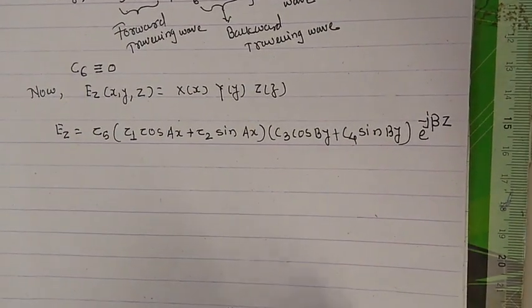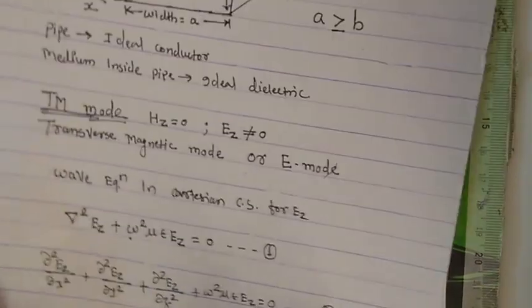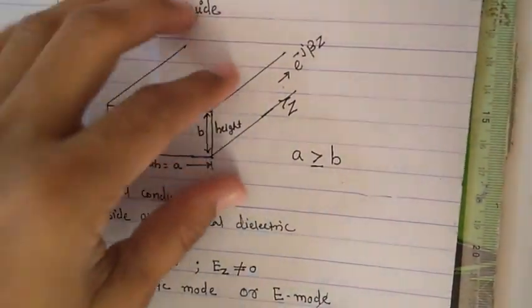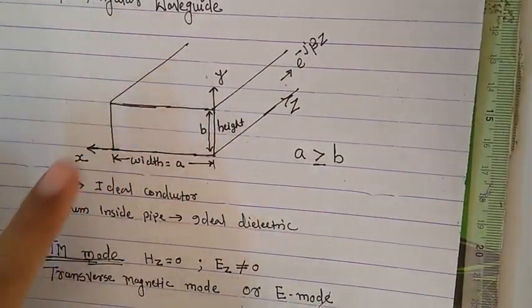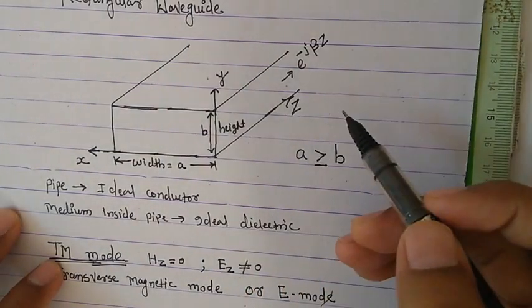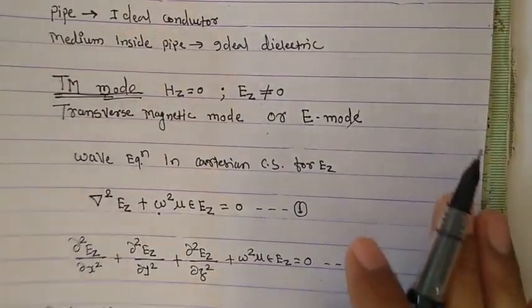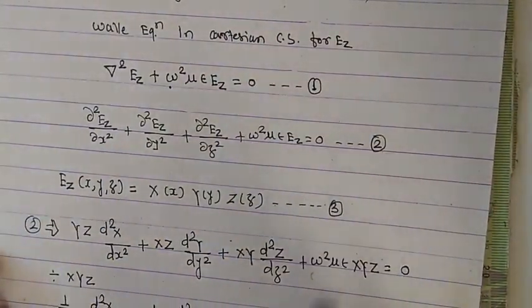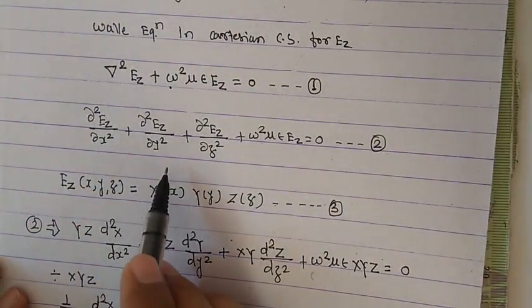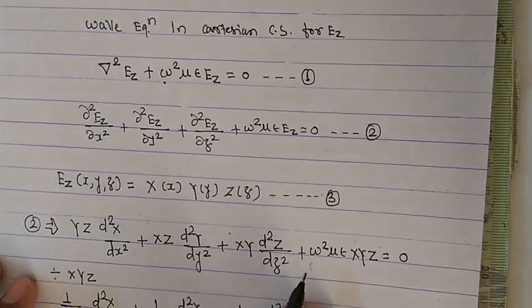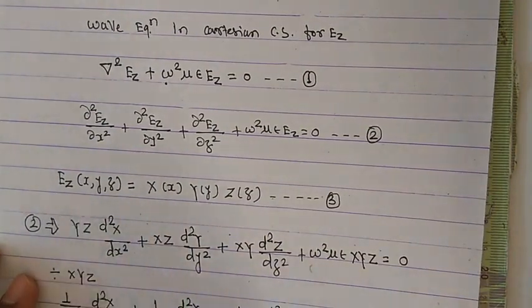What we have done is, we have taken a rectangular waveguide, selected a coordinate system x, y, z, with a traveling wave in the direction z and standing waves in the directions x and y. We started with the wave equation, expanded del, and using separation of variables we wrote a solution for Ez.